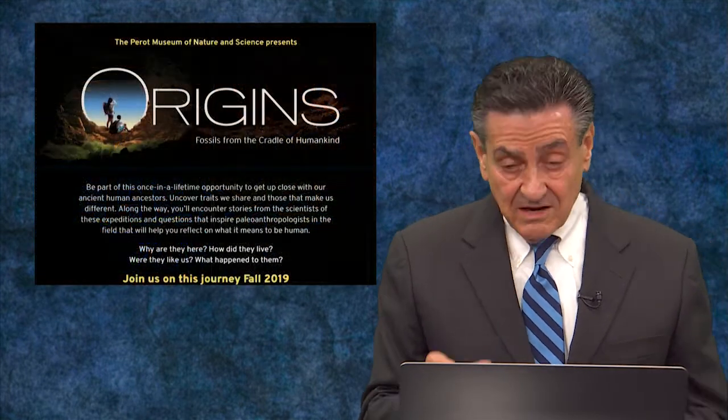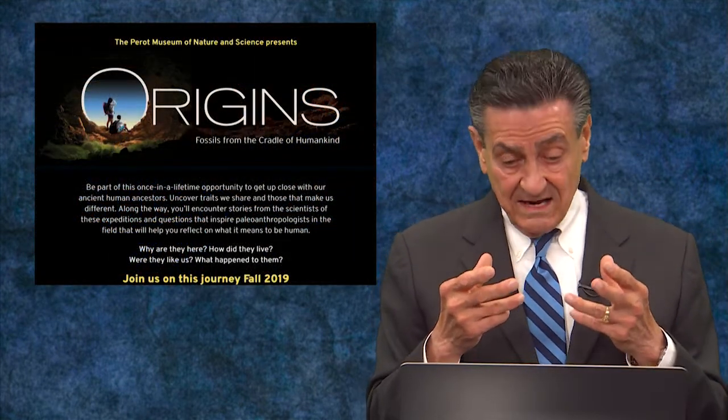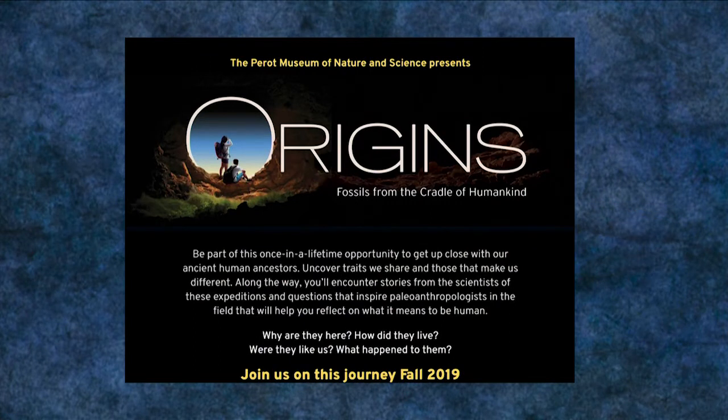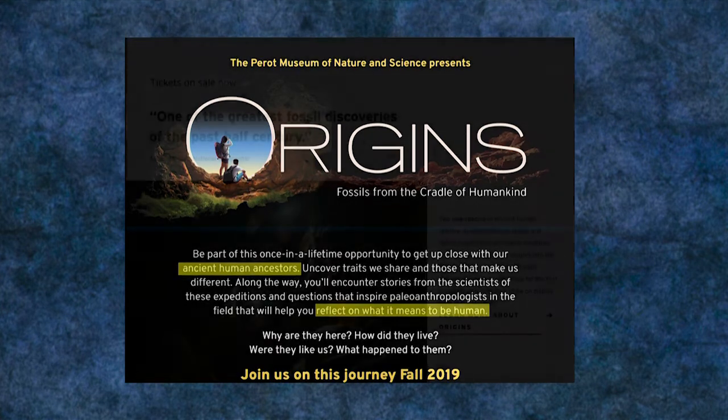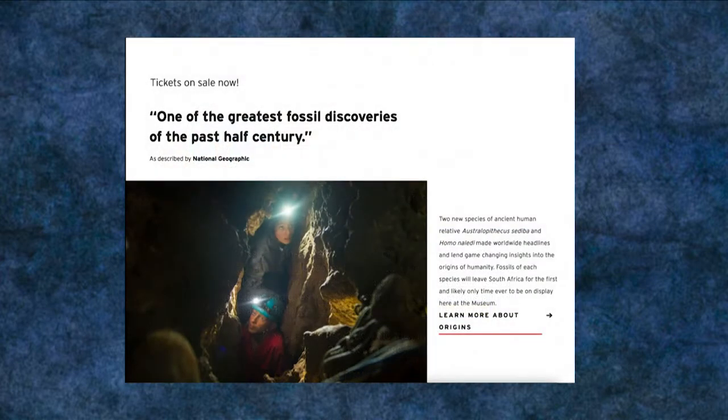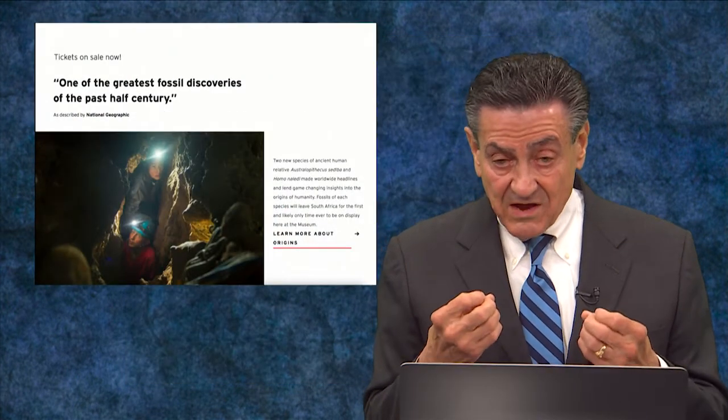They have this brochure which advertises, now they're going to tell you about origins, and they have ancient human ancestors that reflects on what it means to be human. And so here's the promotion for months here at the museum. Another page of the brochure says it's one of the greatest fossil discoveries of the past half century, and they have two examples that now are going to give you some evidence.